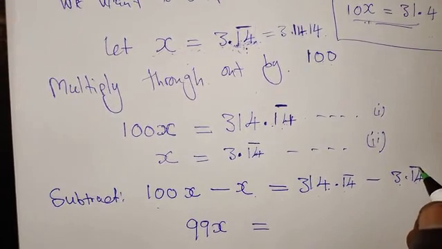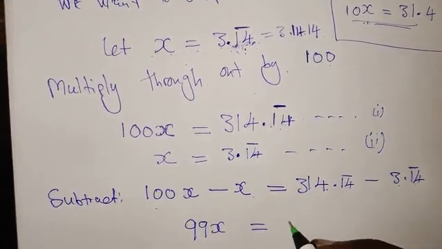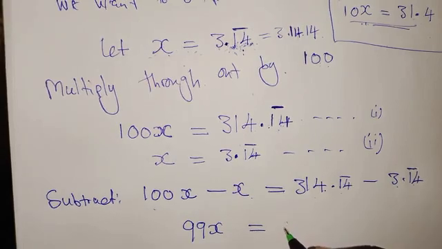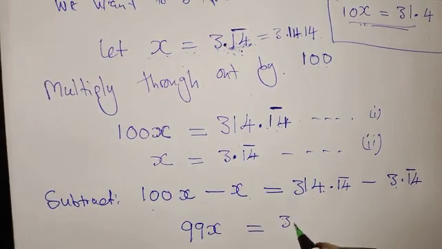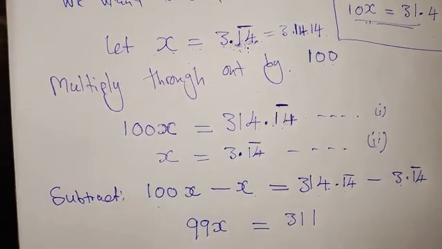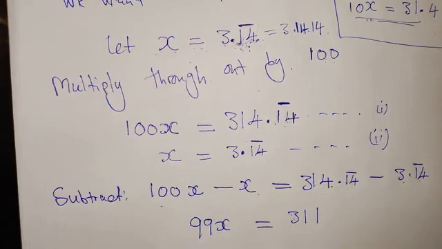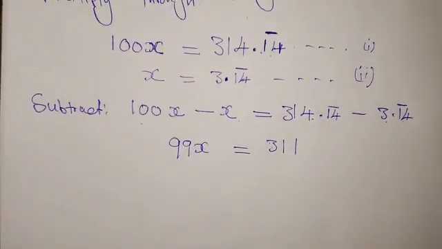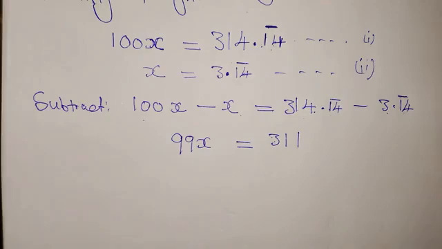What are we going to have? We're going to have something like 311. So in this case we have 99x equal to 311.